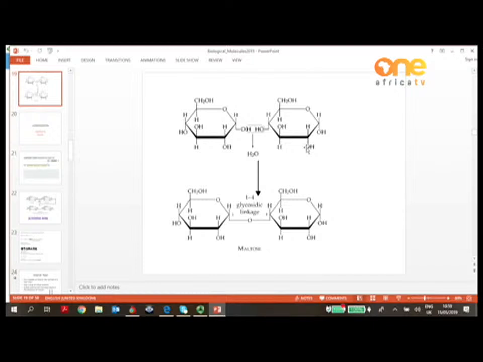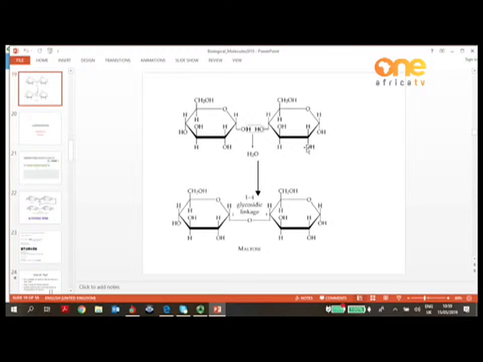Now, if I want to break it down again, if I want to move from maltose back to glucose plus glucose, what do I need to do? I need to split a water, do you agree?